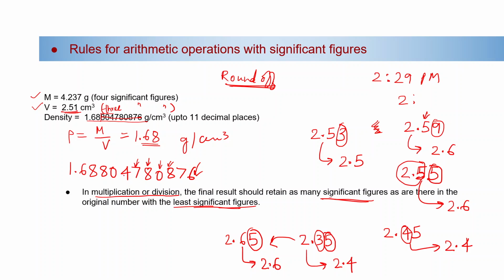This 4 will become 5, and as I said, since the digit before the 5 is even, it will remain as it is. Since it is 0, which is less than 5, it will remain, and because it's 8, which is more than 5, this will change to 9. So our final answer rounded off to 2 decimal digits will be 1.69 gram per centimeter cube.